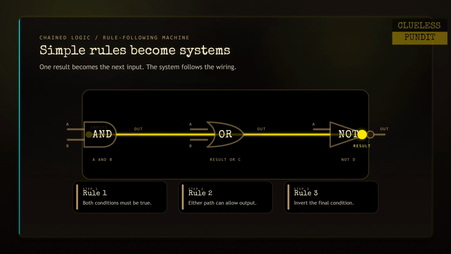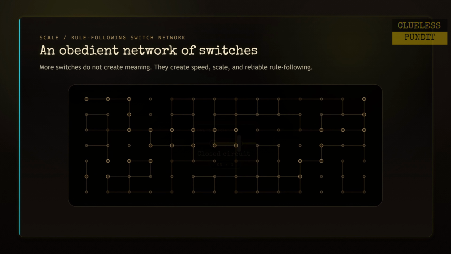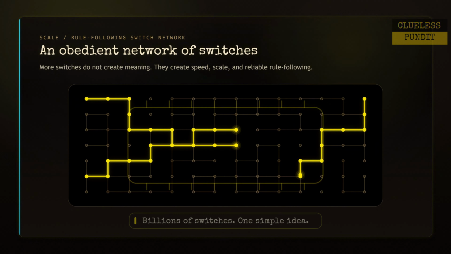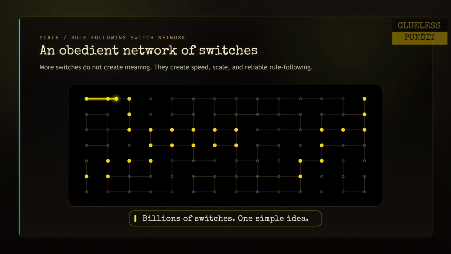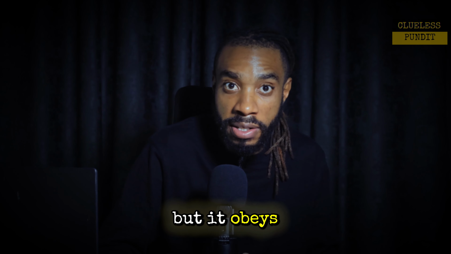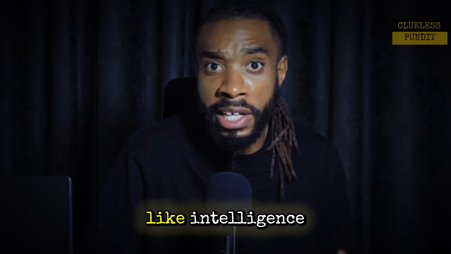Simple rules get connected into bigger rules. That sounds modest, but it is quietly explosive. Because if you can make a machine follow one rule, you can make it follow many. And if you can stack enough yes or no decisions together, you get something that begins to look like reasoning. The machine still doesn't understand, but it obeys. And sometimes obedience at ridiculous speed looks a lot like intelligence.